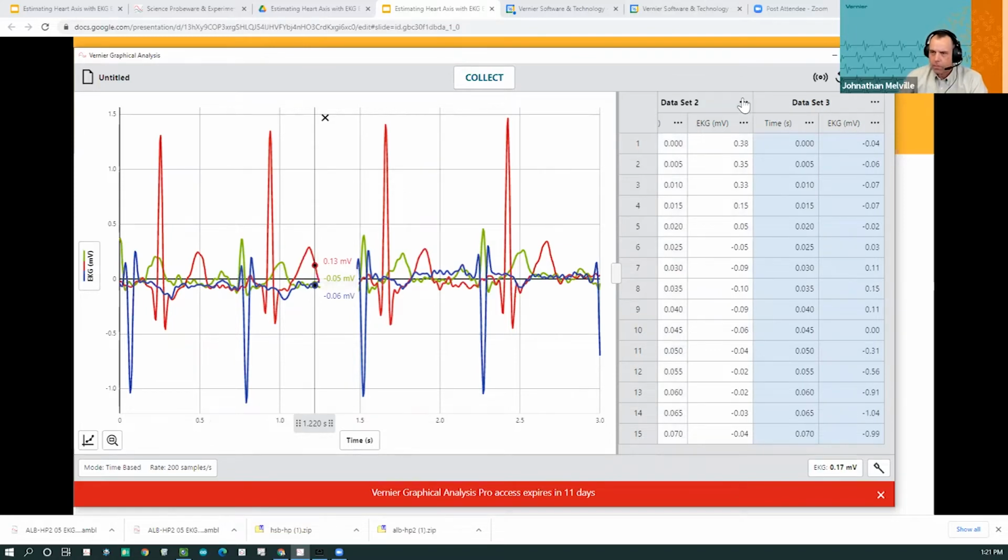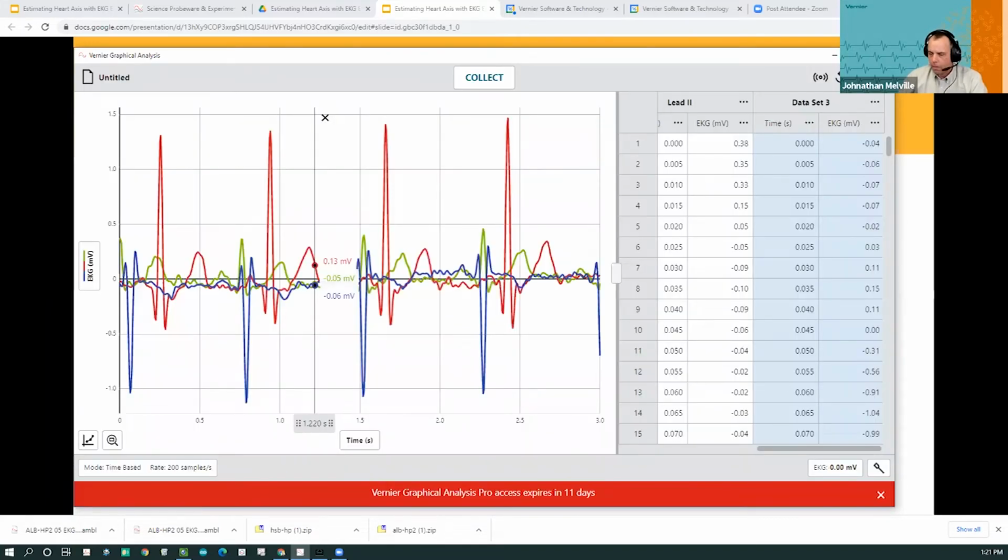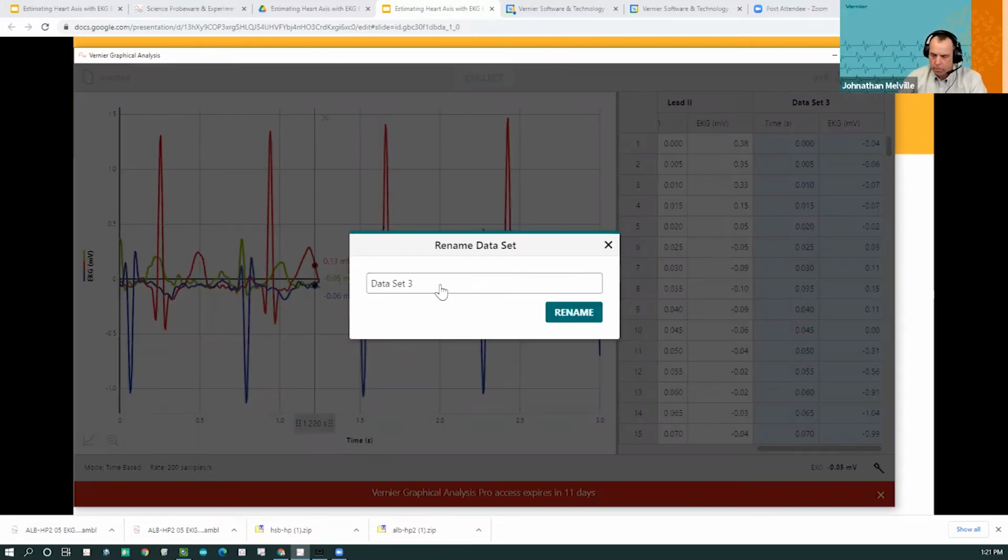Let's label data set 2 lead 2, and then label data set 3 lead 3.